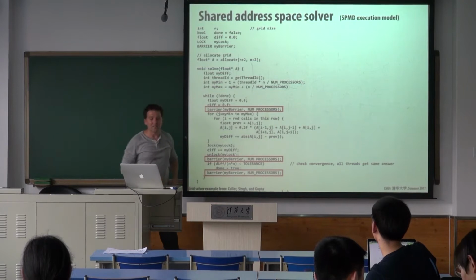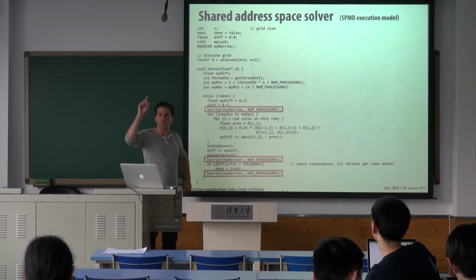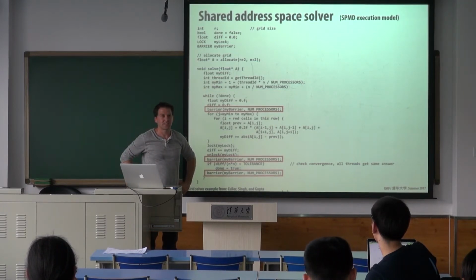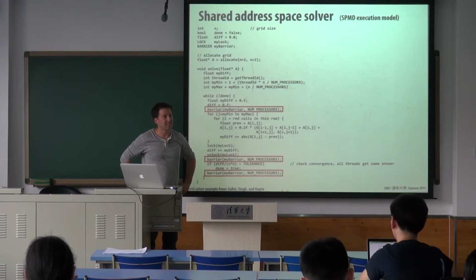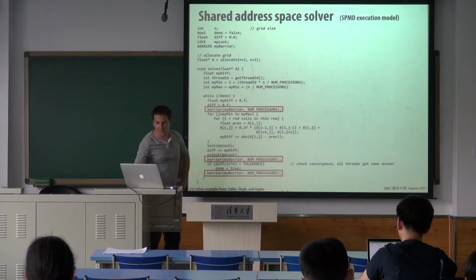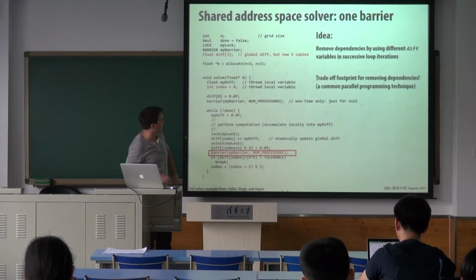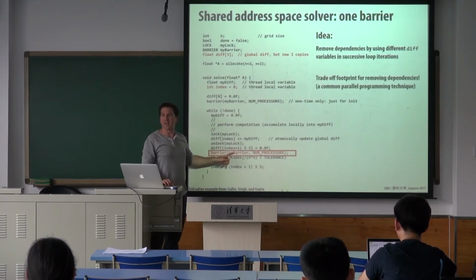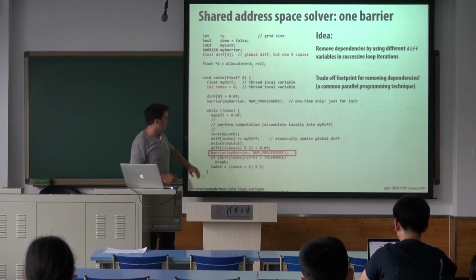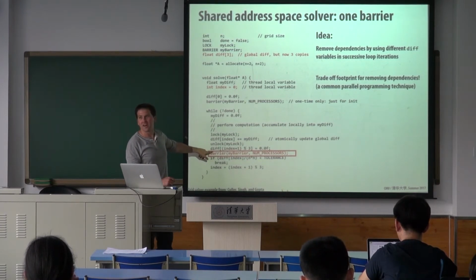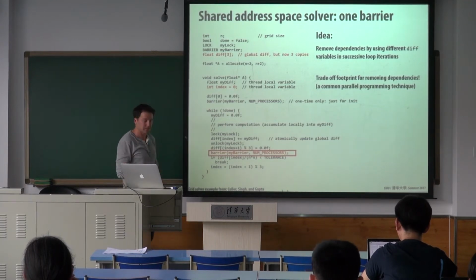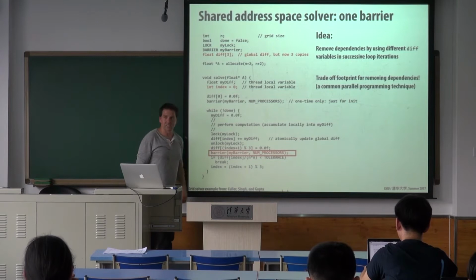Okay. Did anybody figure out how to do this with one barrier? Any ideas? No ideas? So here was the code that I have on the slide. This is correct. And there's only one call to barrier now. So only one synchronization, one time we stop. So look at what this code does.